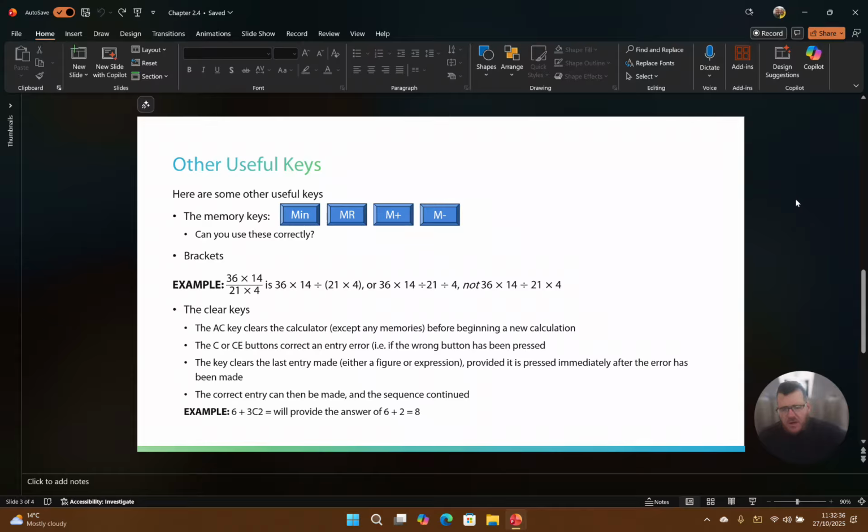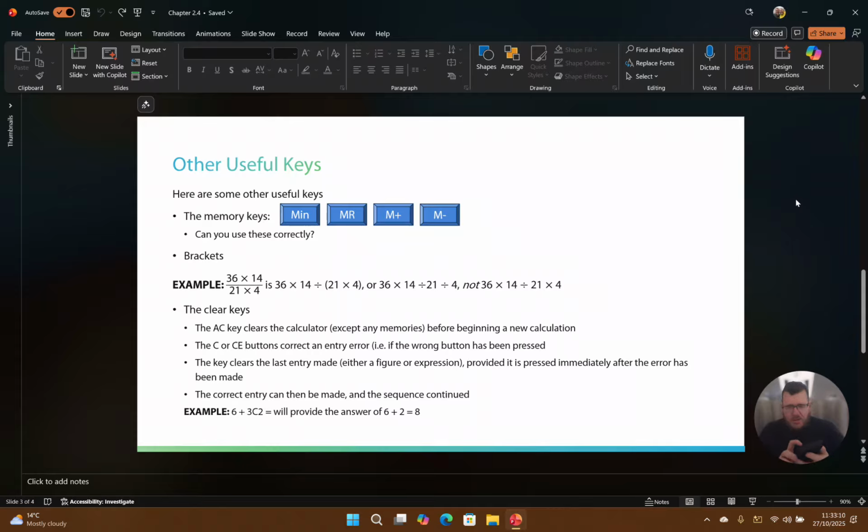But then you've also got your clear keys as well. All clear will clear the calculator apart from the memories. The C or the CE buttons will correct an error entry. So if I switch to this calculator, I will show you what it does. I'm going to put 6 plus 3, and then you've got that.